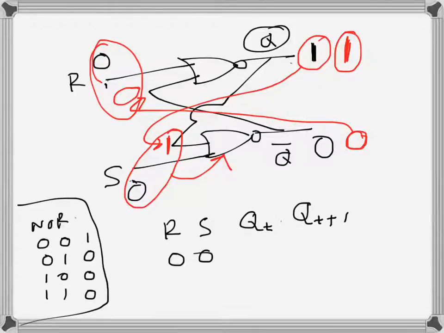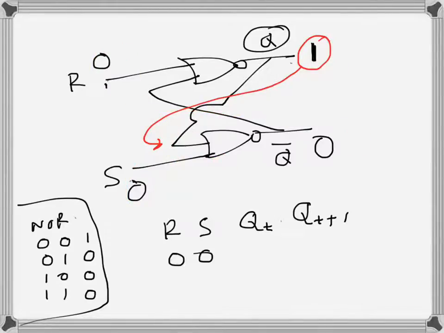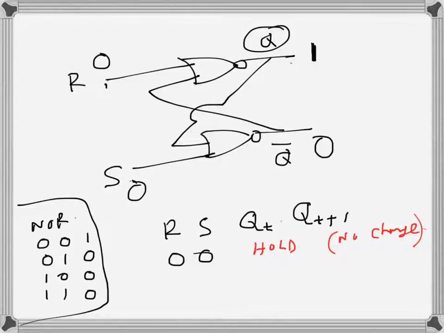So I will actually erase all these things because I will do other ones. So basically this one holds or stays the same, no change. Now let's look at other combinations, 0 and 1. So this is 0 here, and this one is 1 there, and let's say this is 1 and 0 as it is.